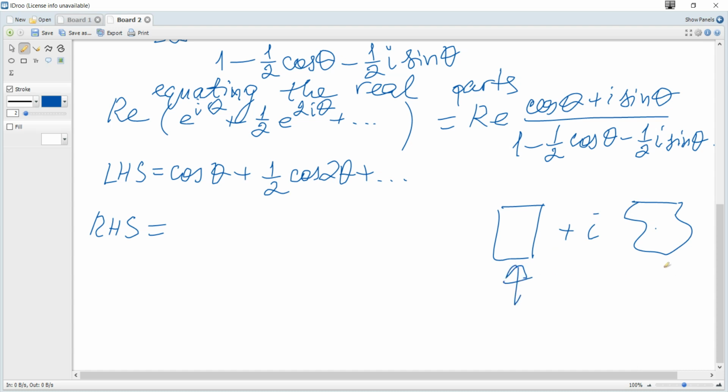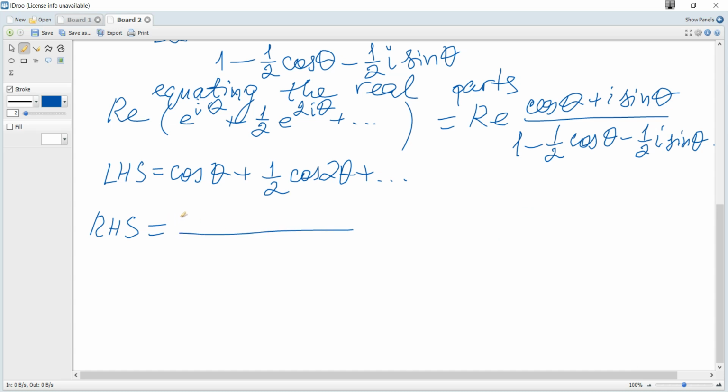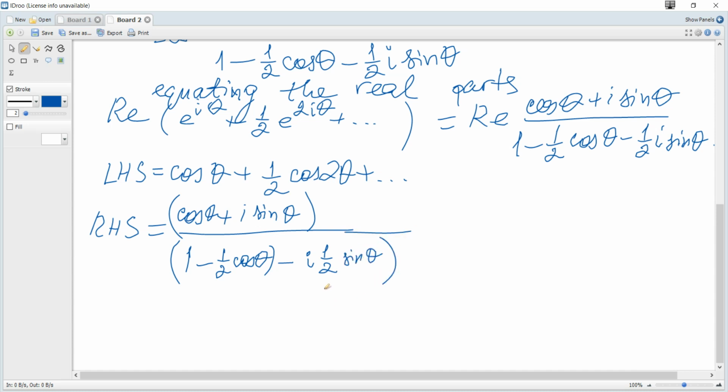So we need to get rid of i in the denominator, and to do that we multiply numerator and denominator by 1 minus a half cosine θ minus i a half sine θ, so that we get the formula (a minus b)(a plus b), so that it will be a squared minus b squared.